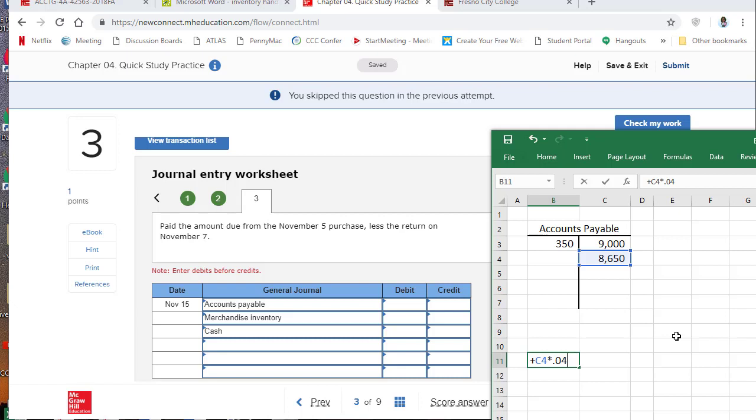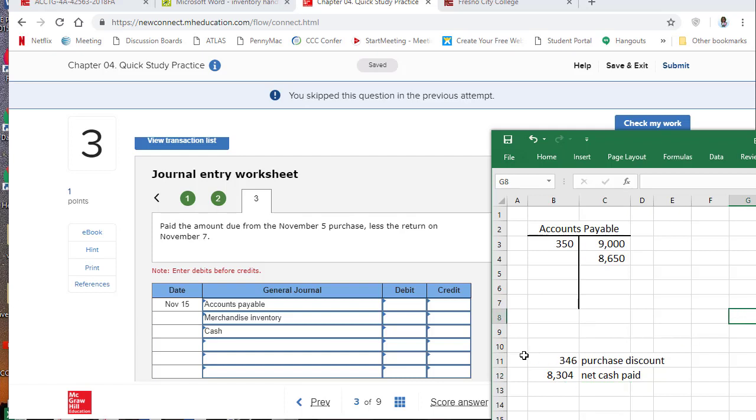That's not a fraction, see your textbook reading for the terms defined, and then you're going to get $346. That will represent our purchase discount. And then we will take the gross amount of $8,650 minus the discount of $346. That difference, the net, will be the net cash paid.